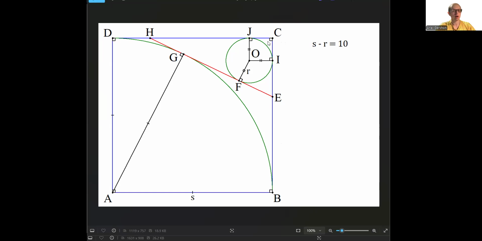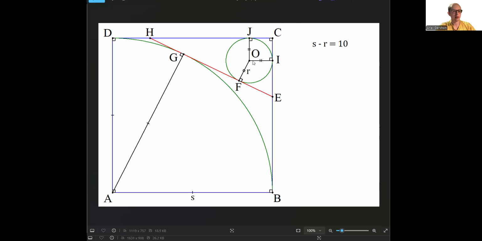Because these three angles are all 90 degrees, that means that this other angle over here, IOJ, also has to be 90 degrees. Why? Because this is a quadrilateral, and all the four angles in a quadrilateral have to add up to 360 degrees. And furthermore, these two side lengths, OI and OJ, are equal because they're both radii of the smaller circle.